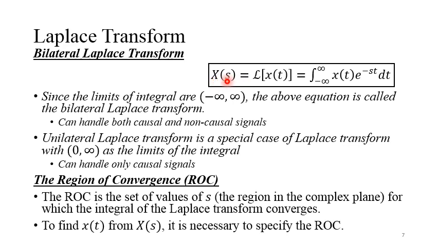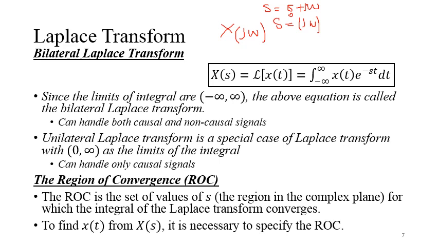If you recall, for the Fourier we use X of j omega, and you understand why: because we said s in general equals sigma plus j omega, but in case of Fourier we set sigma to 0 and we set s equals to j omega. So this was the Fourier.